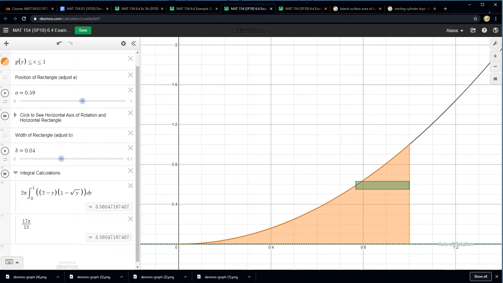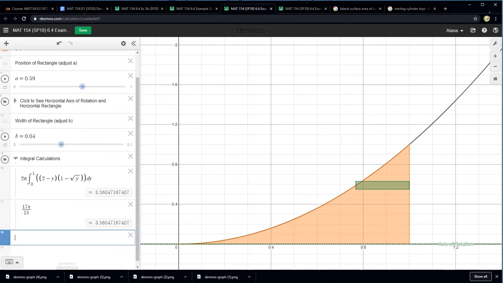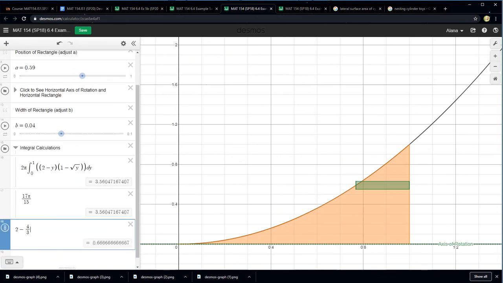There you go. According to me, it's 17/15, but again, I can type it. 2 minus 4/3, let's see, minus a half plus 2/5. Make it a fraction. Yep, 17 over 30. So it's 2 pi times 17 over 30, and then of course that reduces to 17 pi over 15.